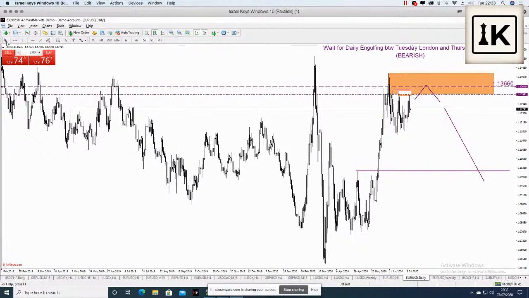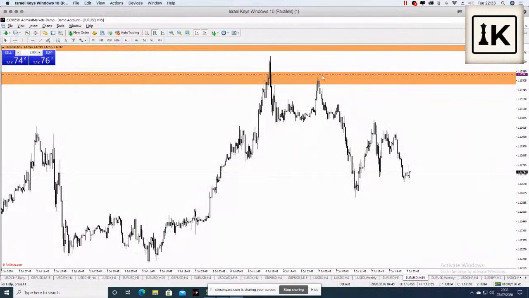When your indicators give you a signal, or your price action principles like engulfing, for instance, if I see a 15-minute market structure break at that level, look at this. Give me an example. So this is a 15-minute market structure break here, right? There was a 15-minute market structure break there.